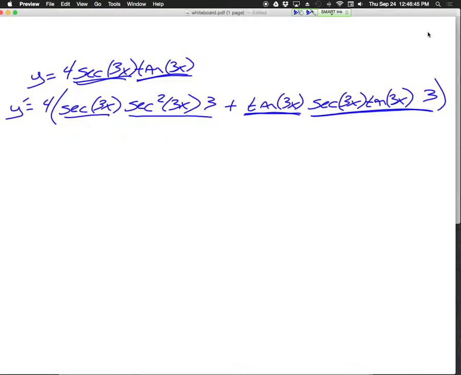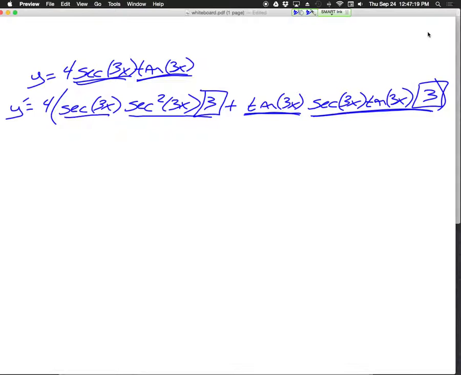The chain is represented by sticking the 3 on there. If the 3x was just an x, I wouldn't have the chain. I would just have a product. But since the 3x is there, I've got the chain, which means I have to take the derivative of the inside, and that's where the 3 comes from on both of them.